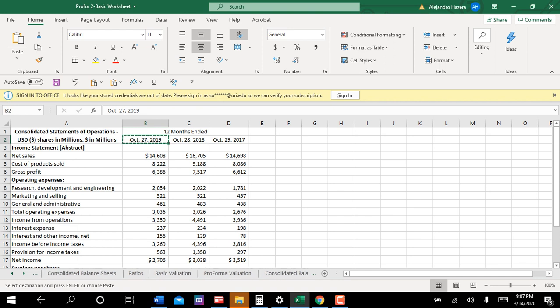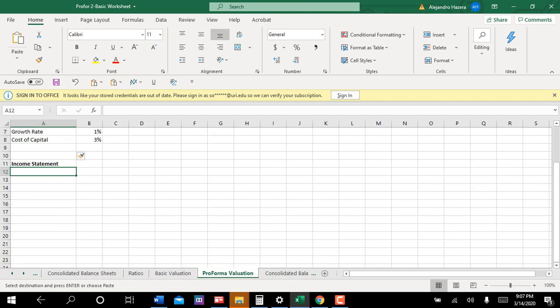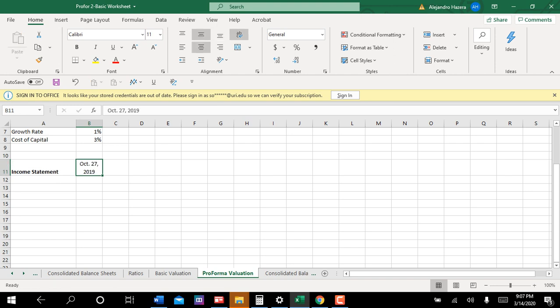Okay, so I'm going to take that, and this is from the actual income statement in the 10K. Go to my pro forma valuation, and I'm going to write that in right here. I'm just going to copy that right here.